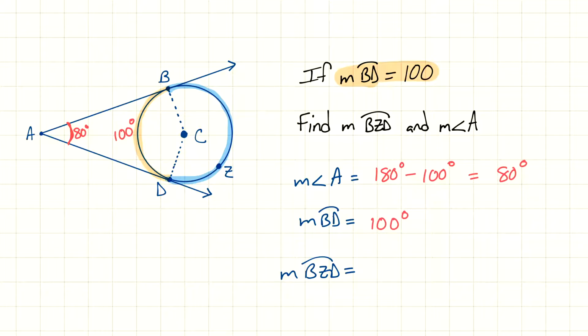So if I want to figure out that major arc, I could use 360 degrees minus the minor arc, which is 100. So this is going to give us 260 degrees. All right, so we have 80 degrees, 100 degrees, and 260 degrees.